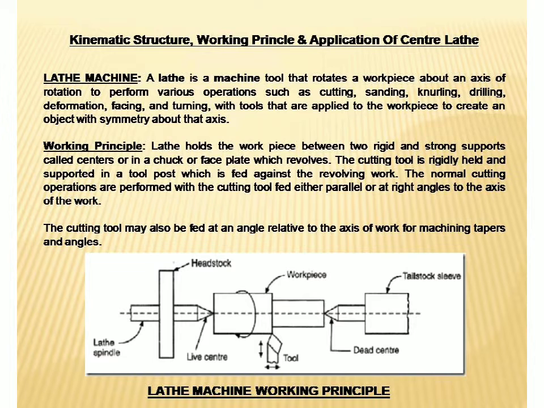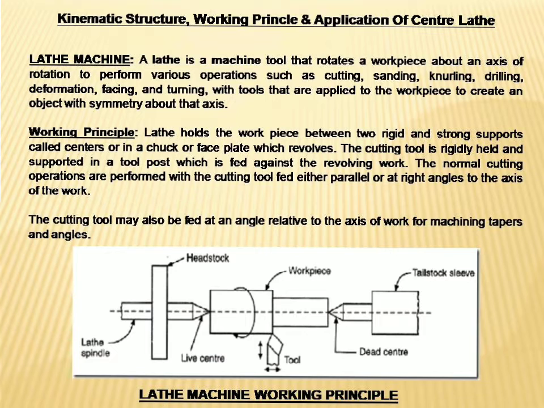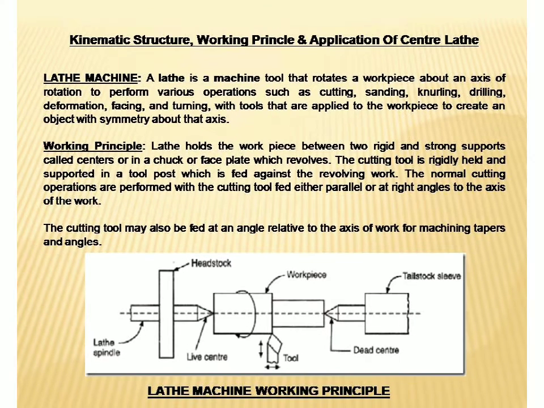Okay. Then what is a lathe machine? A lathe is a machine tool that rotates a workpiece about an axis of rotation to perform various operations such as cutting, sanding, knurling, drilling, deformation, facing and turning with tools that are applied to the workpiece to create an object with symmetry about the axis.